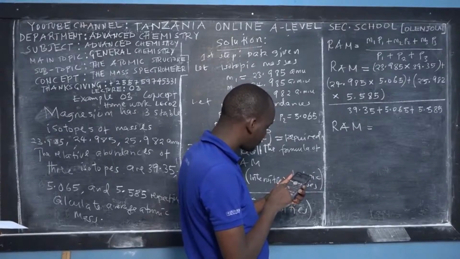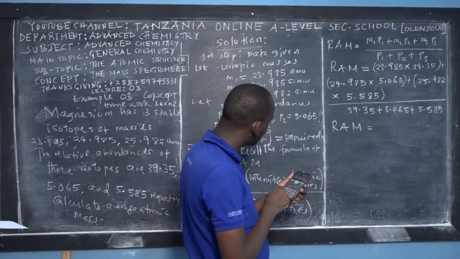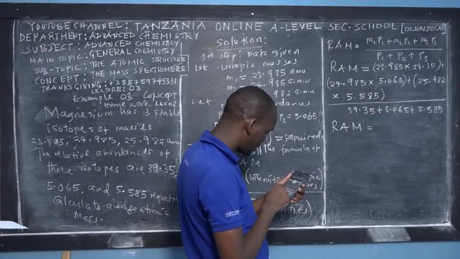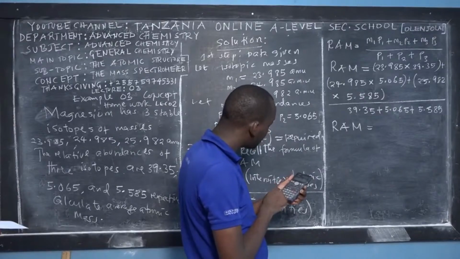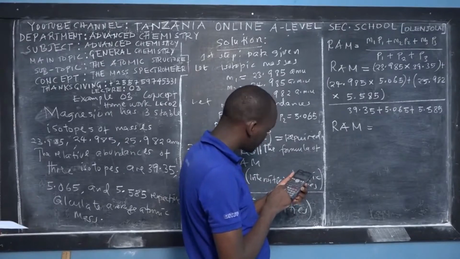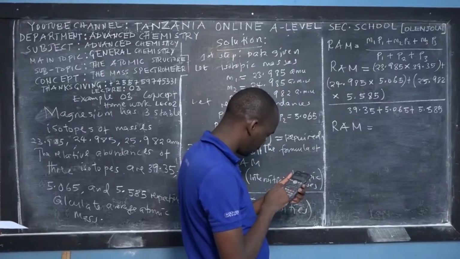And then we divide by 39.35 plus 5.065 plus 5.585.